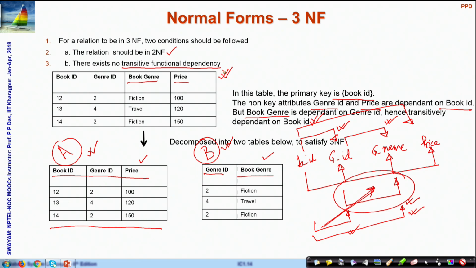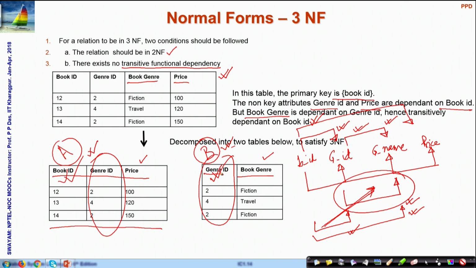In terms of being lossless, we can clearly see that the genre ID is a common attribute in this decomposition, and genre ID determines genre name in table B. So, in table B, this is the key.